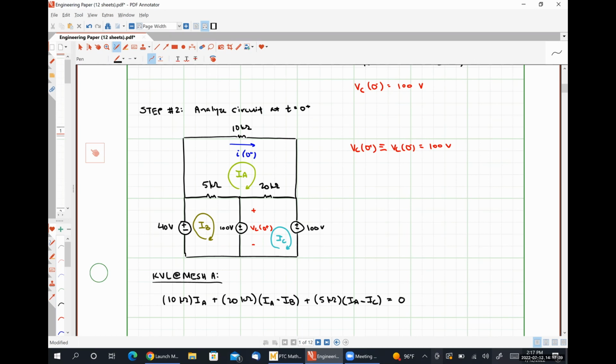We'll set this equal to 0. Thank you, Sarah. You are correct. I got my B and C mixed up. So it should be C here and B here. Thank you for noticing that.